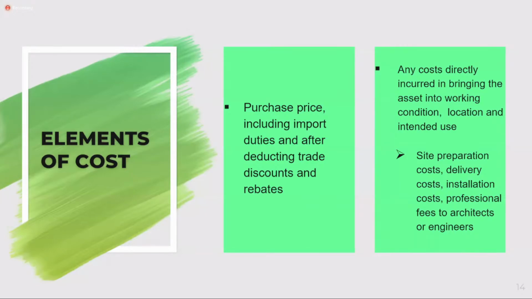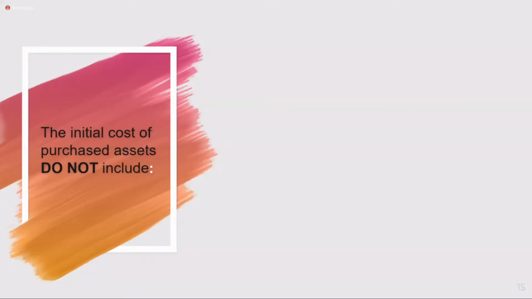Okay, ini sebahagian daripadanya. Kalau kos itu tidak ada, mesin tu boleh berfungsi enggak? Kalau tidak PPE itu tidak sampai ke tempat kamu, so delivery cost will be the initial cost. Okay? Alright, so this is the initial cost of purchase asset.